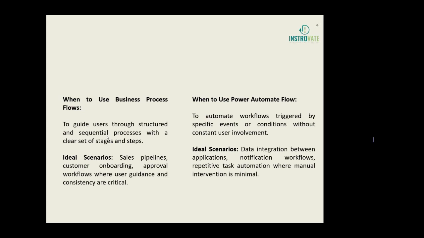On the other hand, to automate workflows triggered by a specific event or condition without constant user involvement, you can use Power Automate flows. Ideal scenarios can be data integration between applications, notification workflows, and repetitive task automation, where manual intervention is minimal.